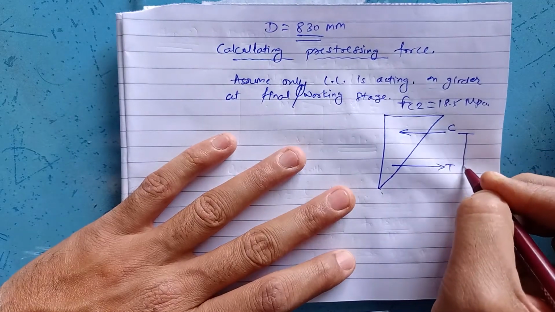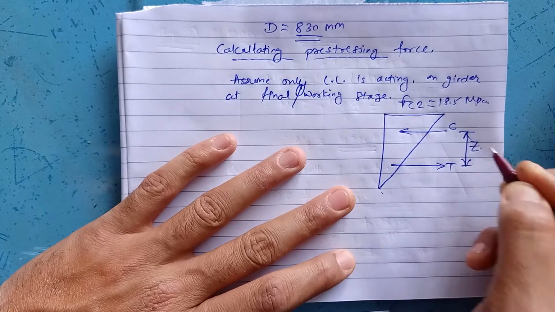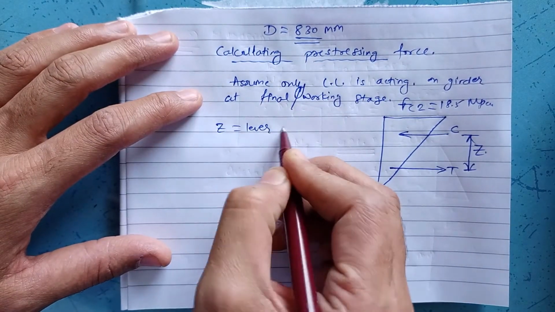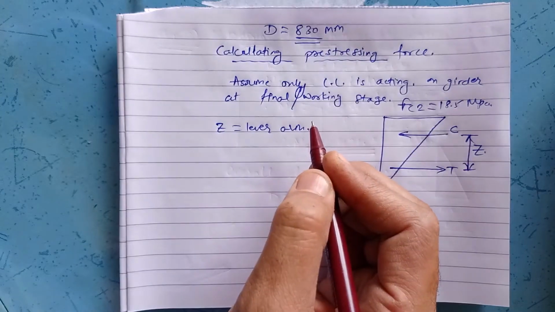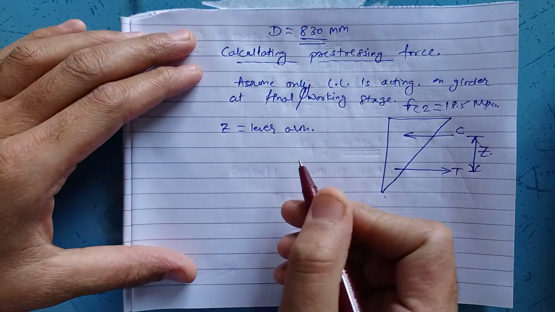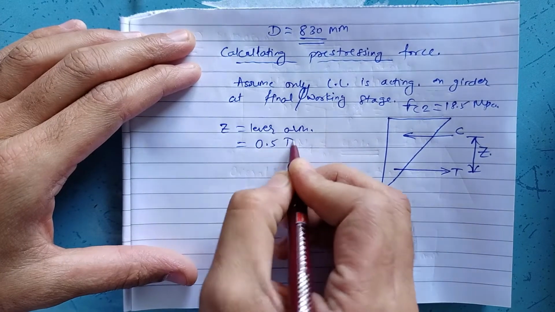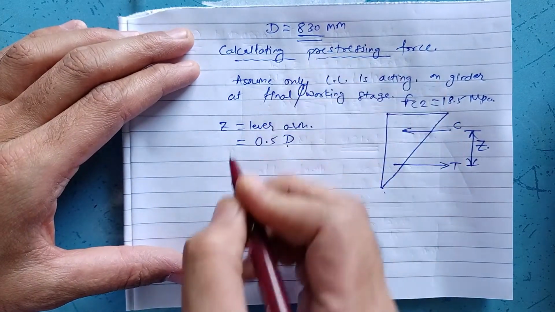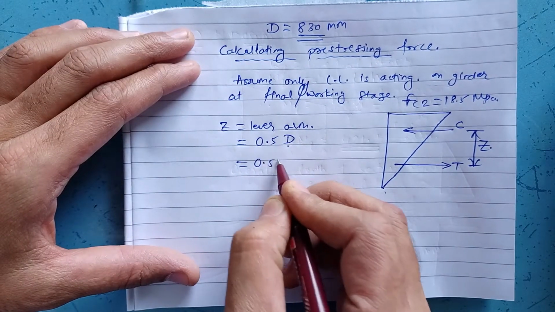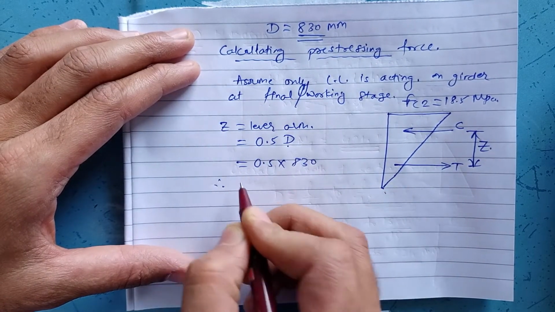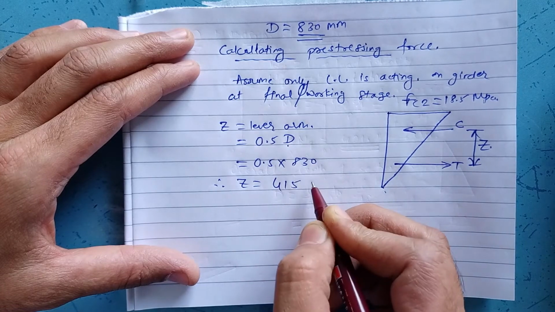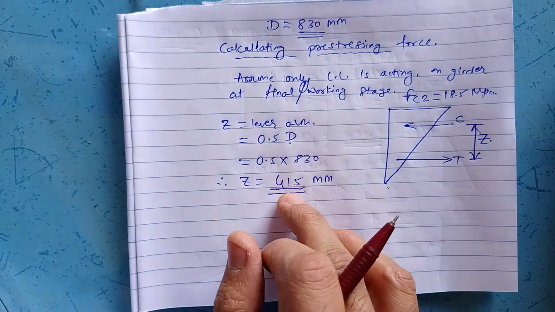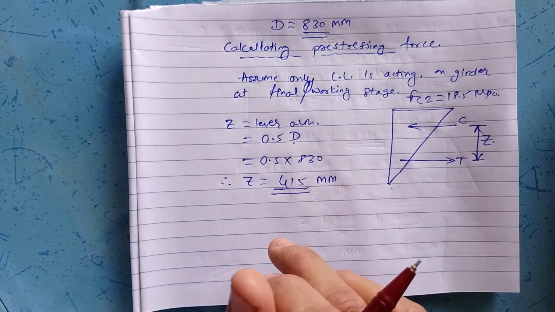And this is nothing but Z. Z here is nothing but the lever arm, that is 0.5 D. Now, the overall depth we have assumed as 830 mm, so 0.5 into 830, therefore we get Z equal to 415 mm.